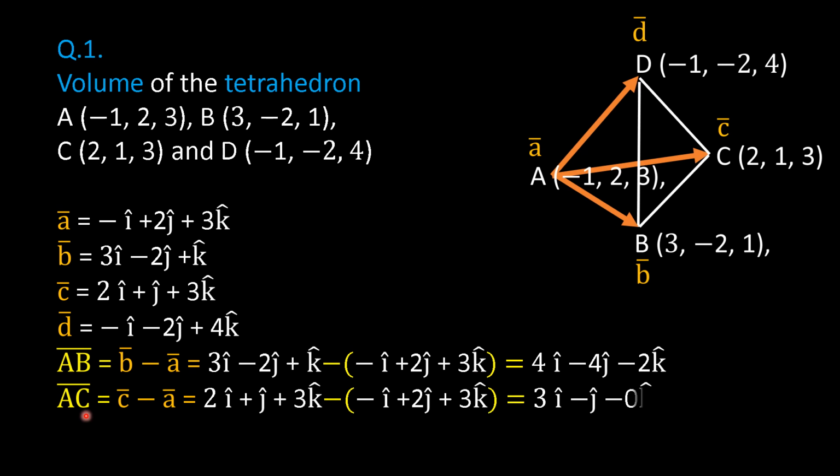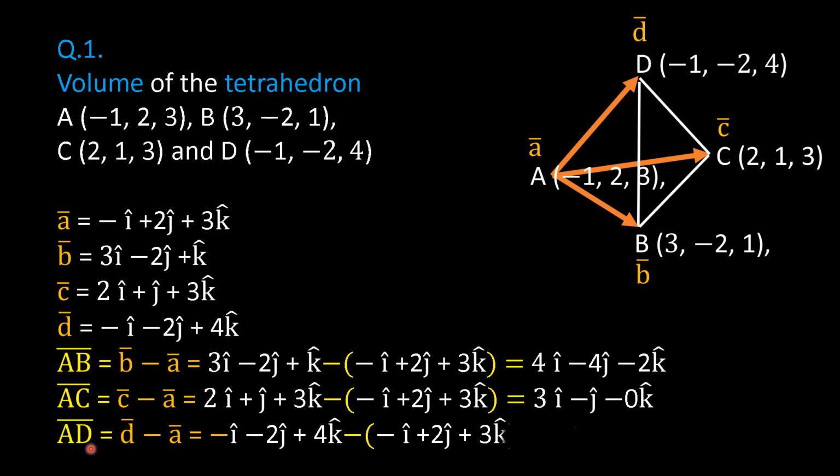Then AC bar will be C bar minus A bar. It will be 2 plus 1, that is 3i, 1 minus 2, that will be minus j, and 3 minus 3, that will be 0k.